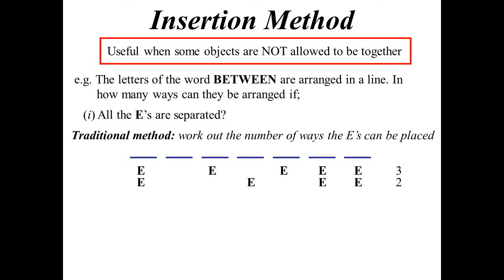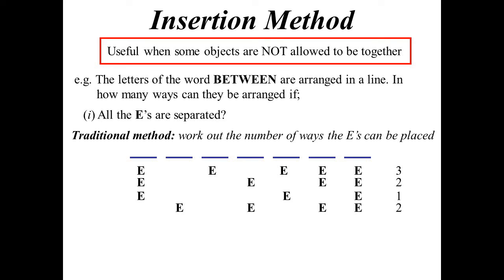Then I could place the E in the second last spot, but I could also place that last one in the last spot, and that gives me another two ways. What about if I put them in the first and the fifth spot? Then for the other E, there's only one spot it could go, and that's at the end. Okay, I think I've used up every possibility where the E goes in the first spot.